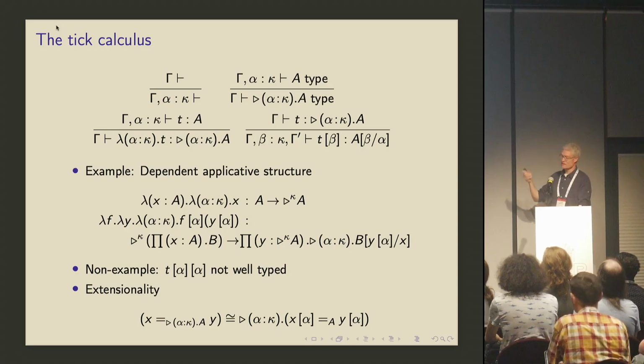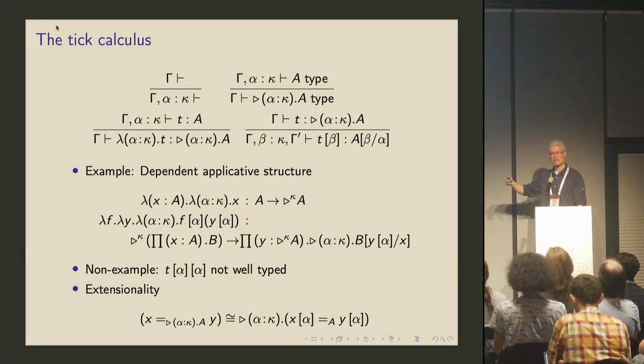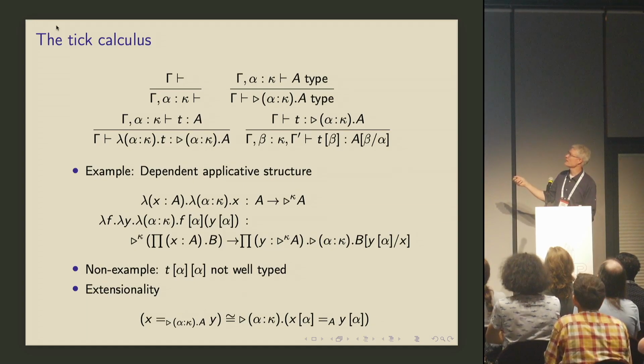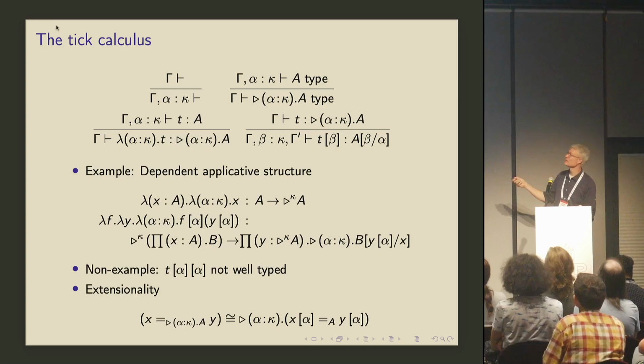So the way you should read these typing rules is that everything that happens to the right of a tick happens one time step later than anything that's on the left. So this one here, for instance, says if T has type A one step after gamma, then at the time of gamma, this lambda abstraction here has type later A. But here the alpha, this is like a pi type actually.